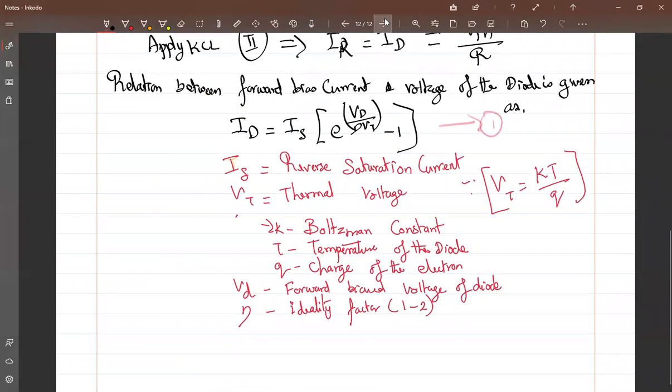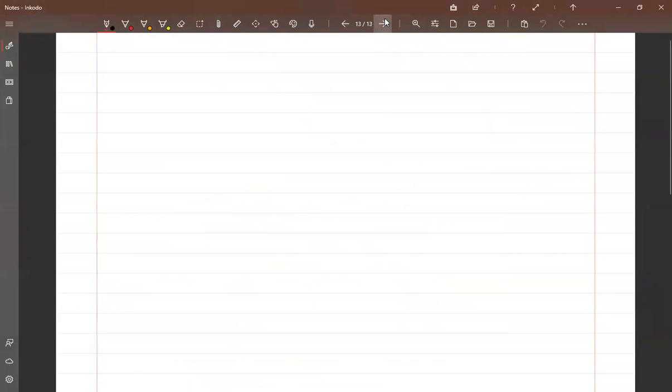Let me go to the next page. From this equation, we can write e power VD divided by eta VT is much greater than 1, so we can neglect the value of 1.